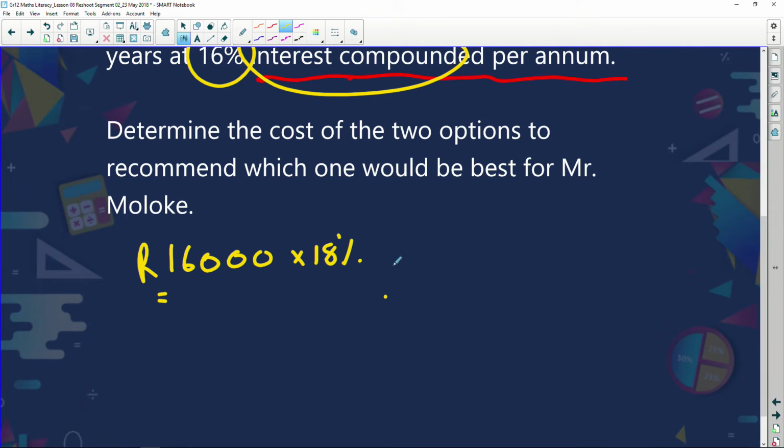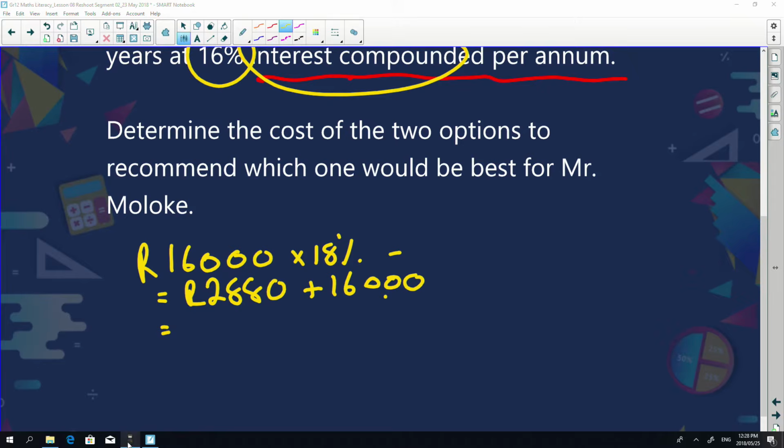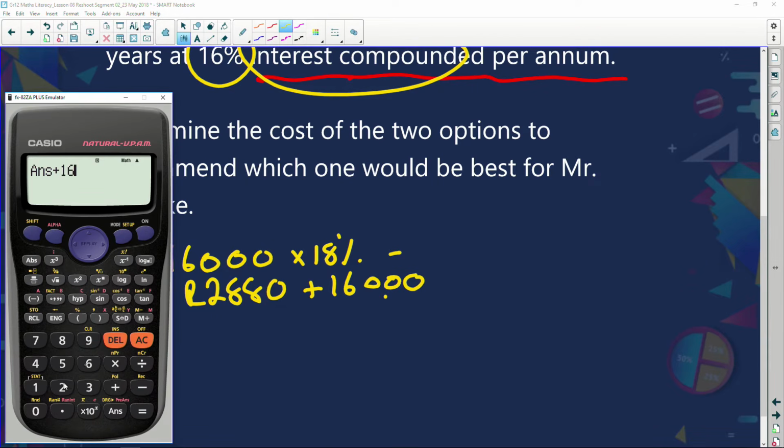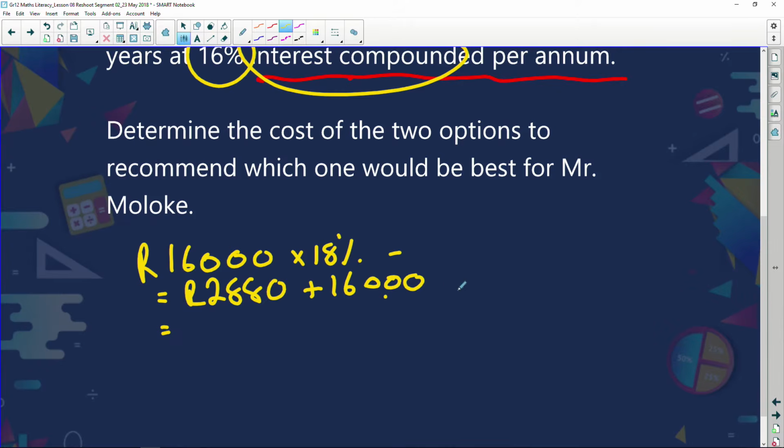So my interest is 2,880 Rand. If I take that and add it to 16,000, so we've got the interest plus the 16,000, it's now 18,880 Rand that he owes.